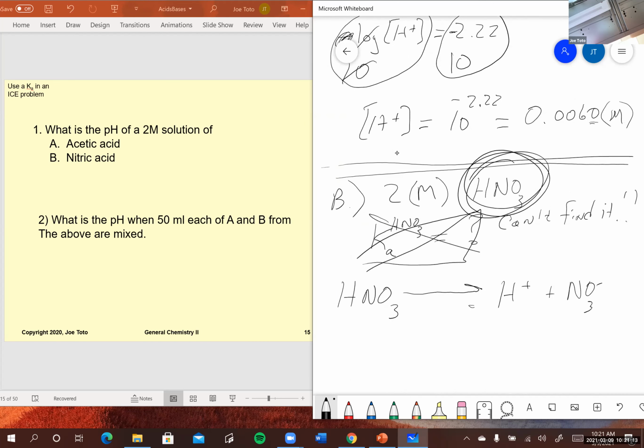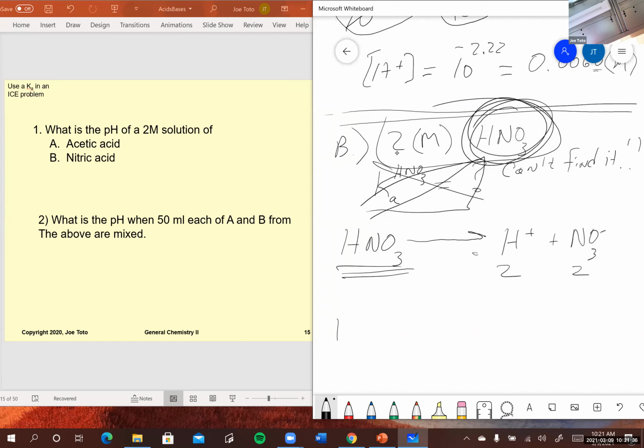And we know that for 2 molar HNO3, we don't have any HNO3 in 2 molar HNO3. It sounds funny. We don't have any HNO3 in there. It's all gone. We have 2 molar H plus and 2 molar NO3 minus. So it's really easy. The pH then, we just calculate it as minus the log of 2.